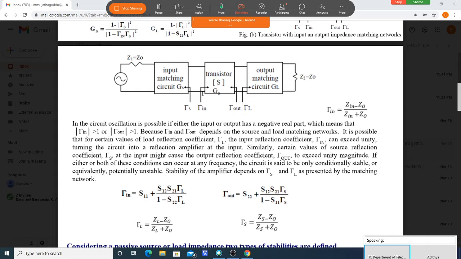See, all of you know, the outgoing wave here is lesser than the incoming wave, the incident wave. Is that correct? VR divided by VI, reflected wave divided by incident wave. VR, the reflected wave, is lesser than the incident wave. Tau in is the reflected wave divided by the incident wave.